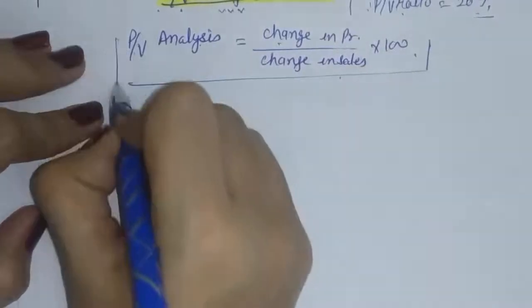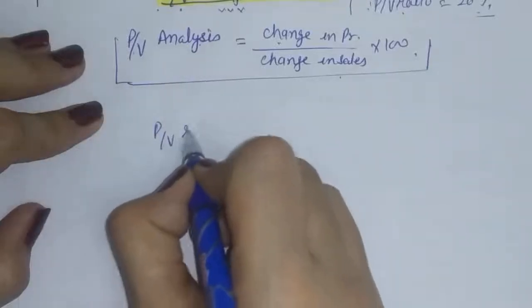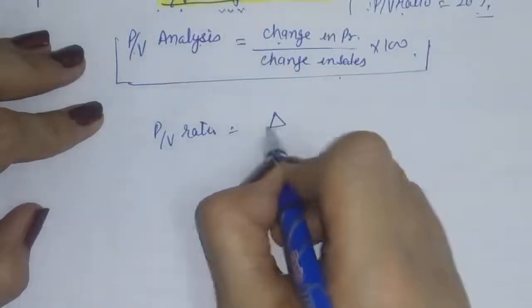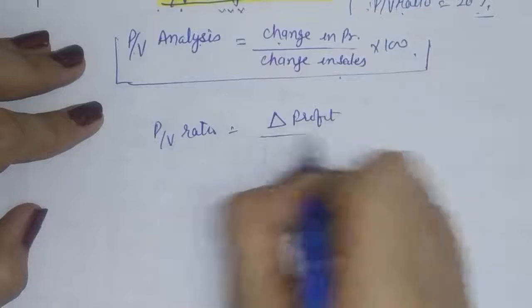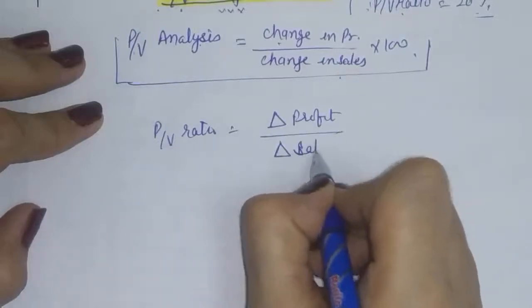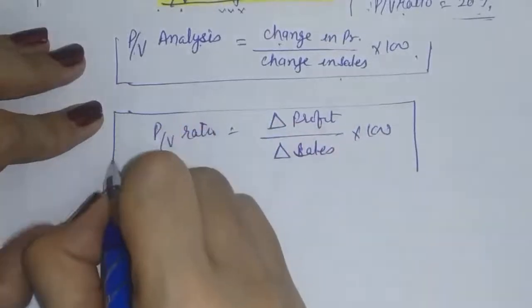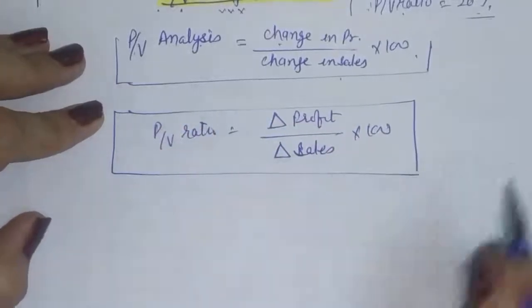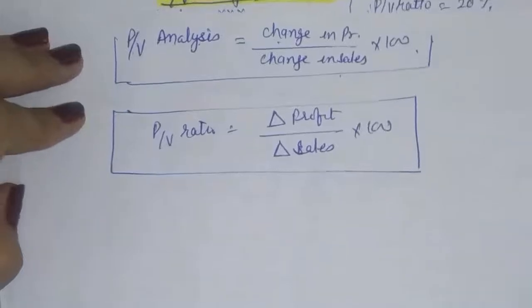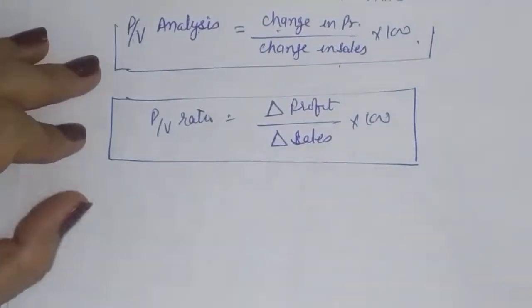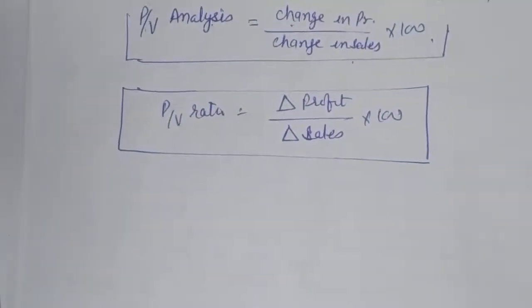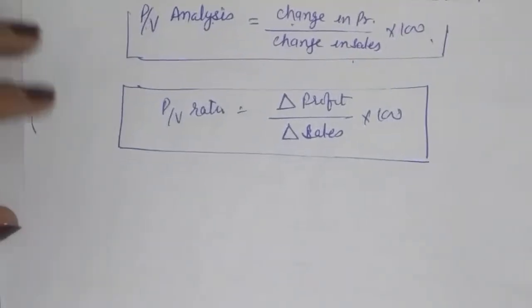Now when you make a cost sheet based on contribution margin for different levels of activities, you can understand this relationship, which I explained in the preliminary class before this chapter begins.